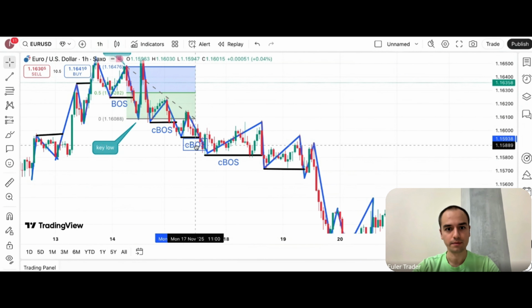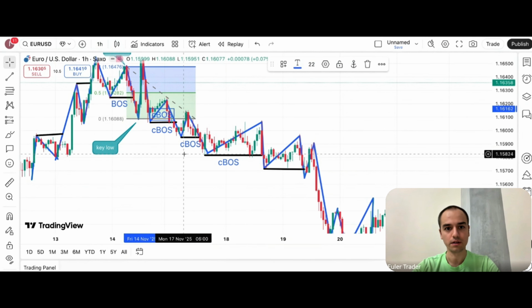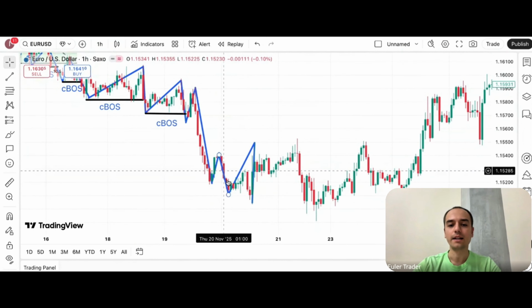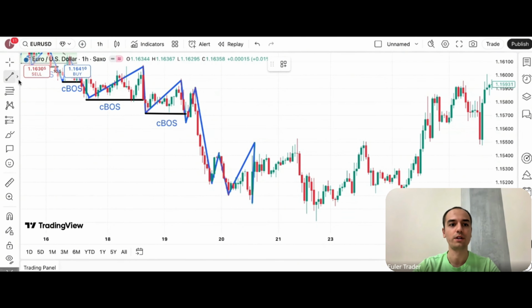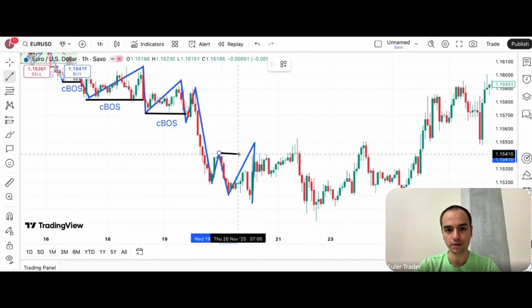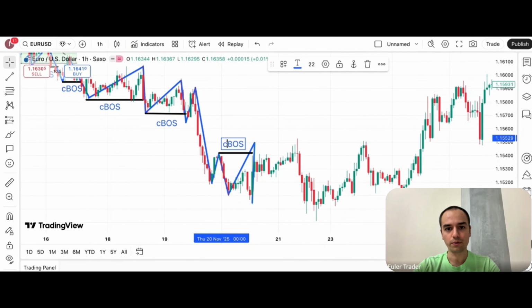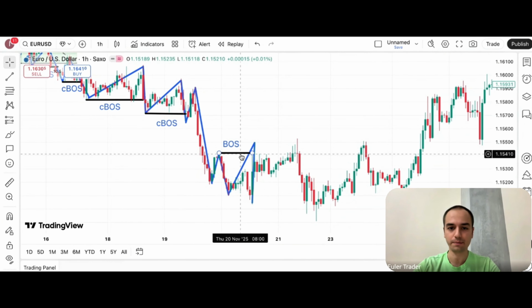Here, here, and here. And so on here as well, until we see the break of structure. So we start seeing a higher high. We know the structure is changing. So we have another break of structure here.